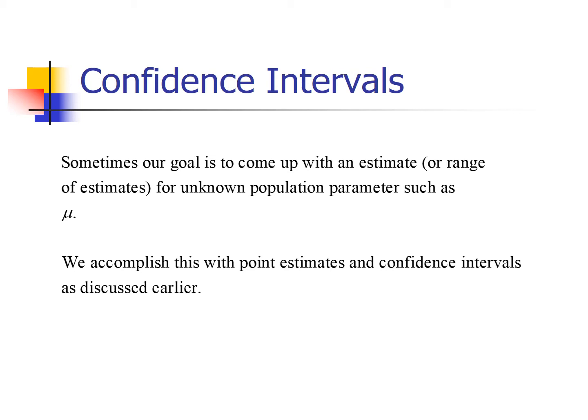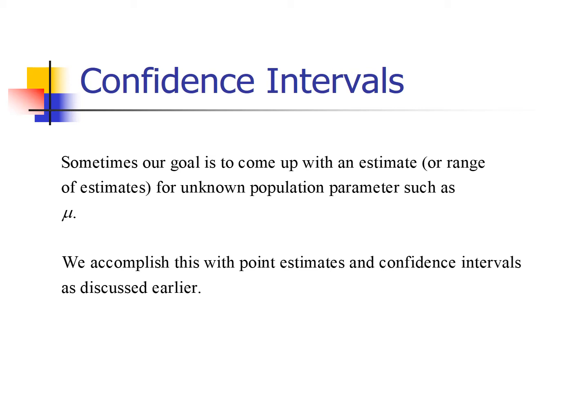In review, sometimes as researchers, our goal is to come up with an estimate or perhaps a range of estimates for some unknown population parameter, such as the population mean mu, or maybe the population proportion p. We can accomplish this with point estimates.